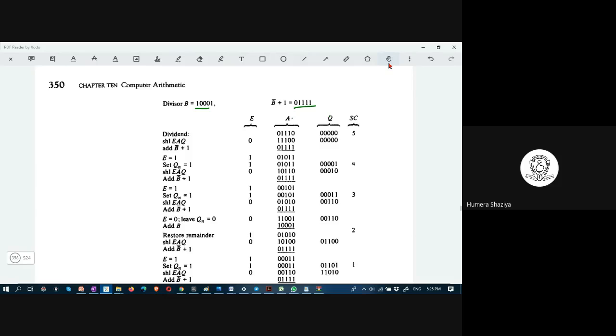Because this one is smaller, shift left EAQ. Shift left EAQ means what happens? This 01110 is shifted left.